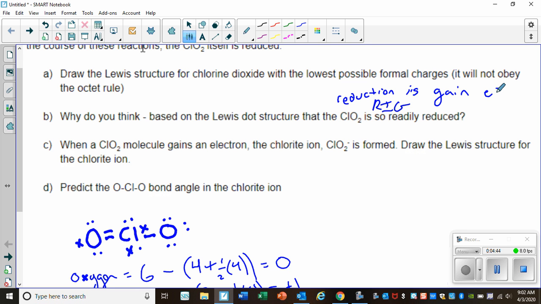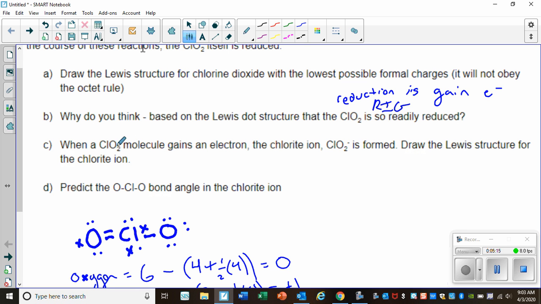And so if you think about that central chlorine atom, there's an empty spot in the orbital for another electron to join. We have just that individual unpaired electron there. And so it kind of makes sense that this would readily be reduced. Chlorine's pretty electronegative. There is space for it to take an electron, so it probably will. And so that makes the most sense as far as why this is so readily reduced.